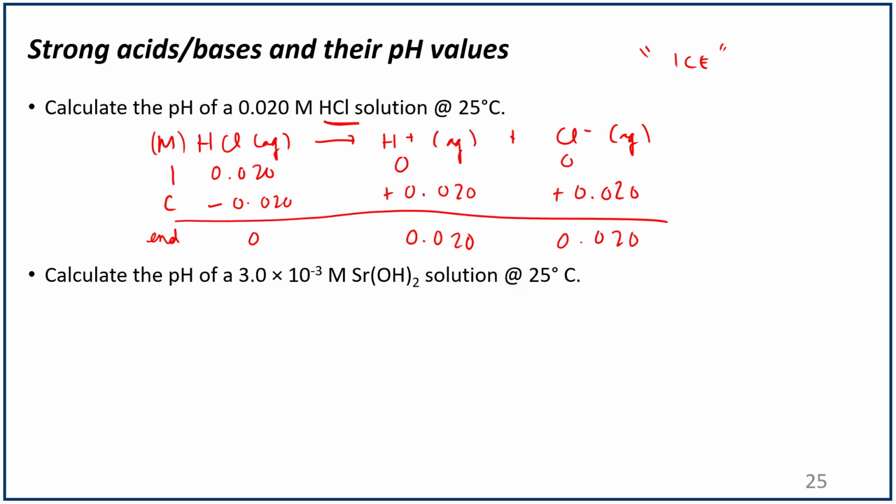It's going to be different, for example, for diprotic acids such as H2SO4. Okay, in fact, that will also be different for this one that we're going to work on tomorrow.